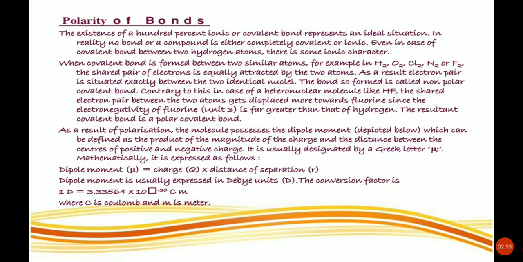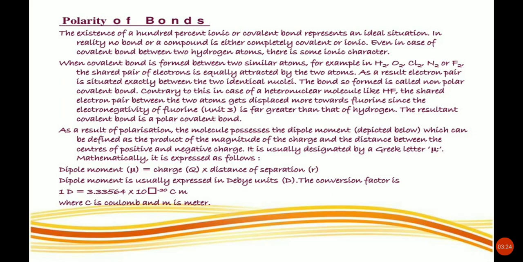As a result of this polarization, the molecule possesses a dipole moment, which can be defined as the product of the magnitude of the charge and the distance between the centers of the positive and negative charge. It is usually depicted by a Greek letter mu. It is pronounced as mu.